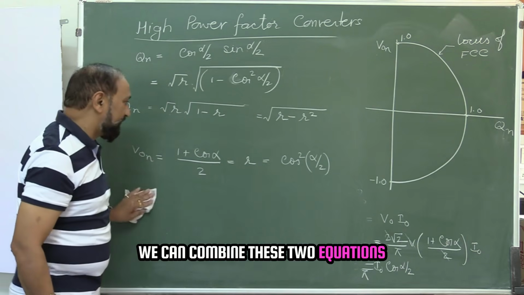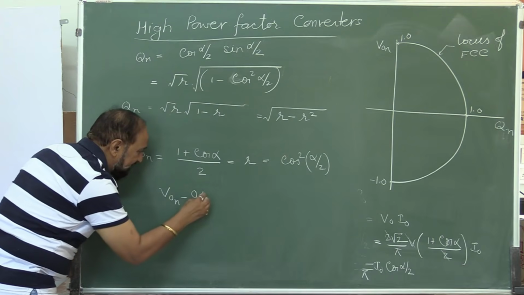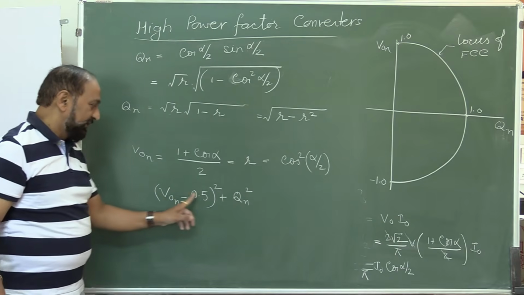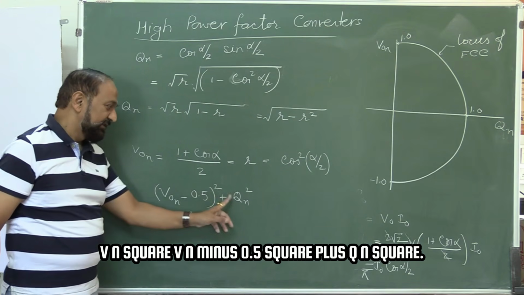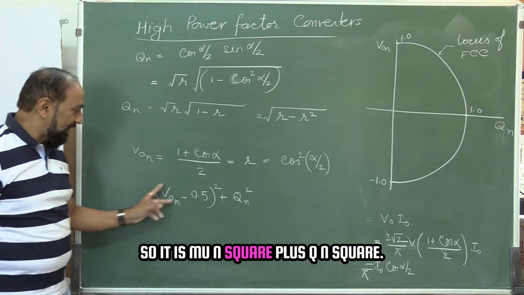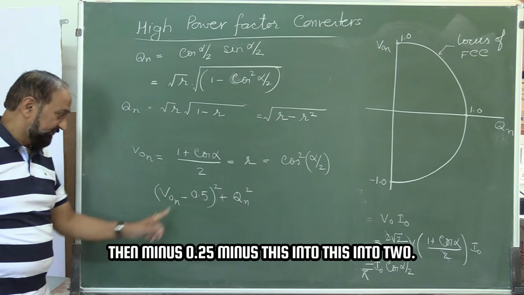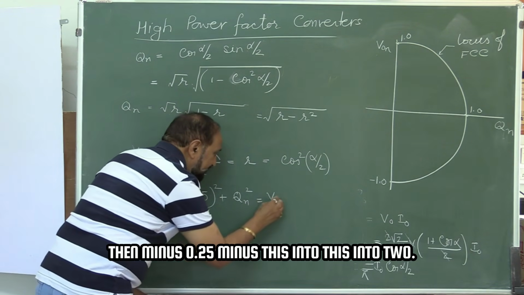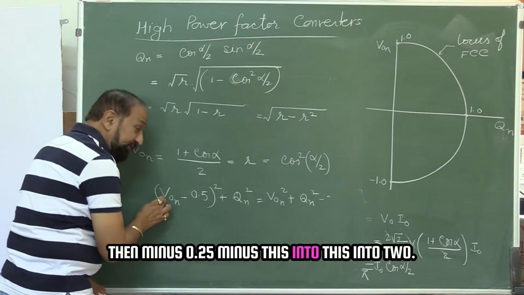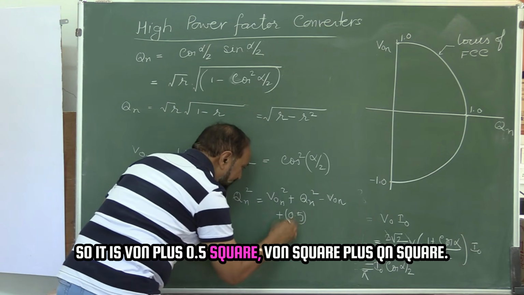We can combine these two equations again. If we combine them like this, VON square plus QN square, then minus VON, plus 0.25. Compare with (VON minus 0.5) square plus QN square, which is VON square plus QN square, then minus VON plus 0.25.